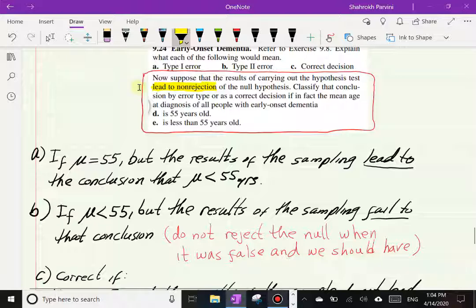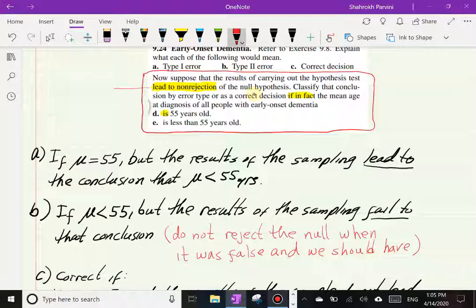Now the problem states, classify the conclusion by error type or as a correct decision if in fact, meaning indeed, the average age at diagnosis in part A is 55. So remember, they said the result led to non-rejection, right?